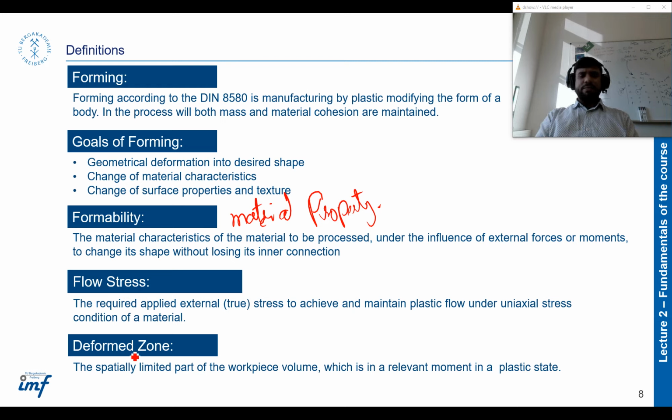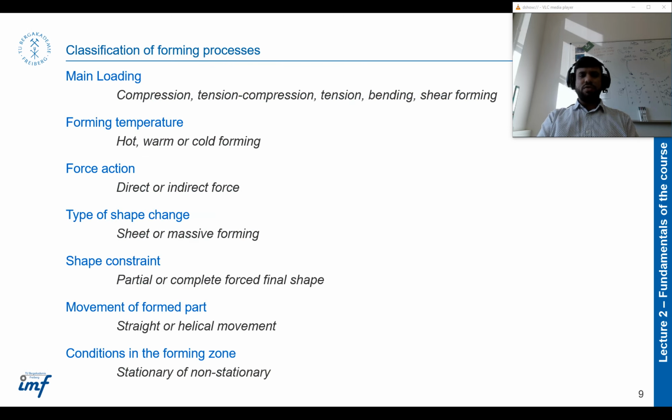And then we have a deformed zone, which is the specially limited part of the workpiece volume which is in relevant movement in the plastic state. So the area of the material which undergoes plastic deformation is called the deformed zone.